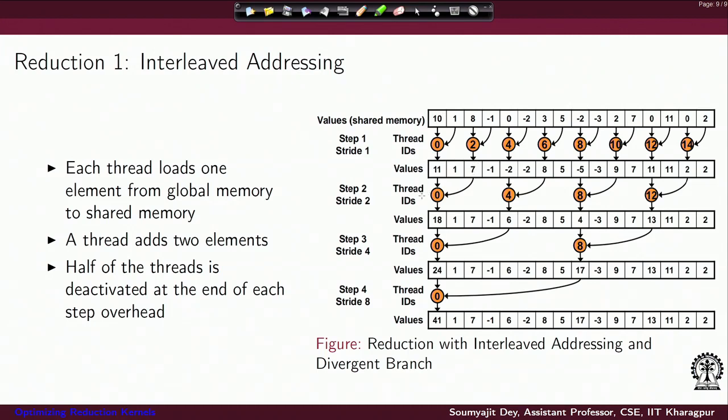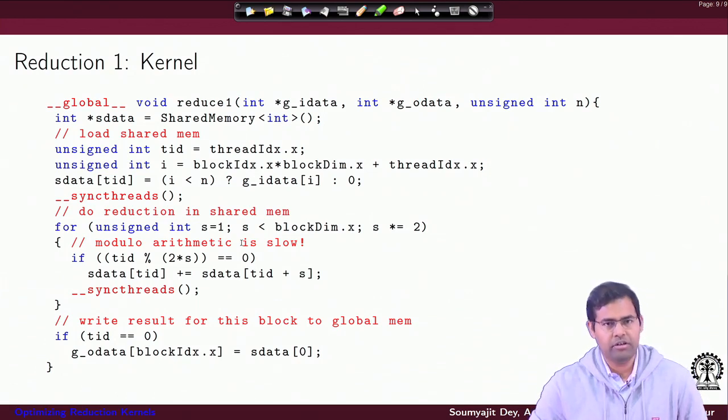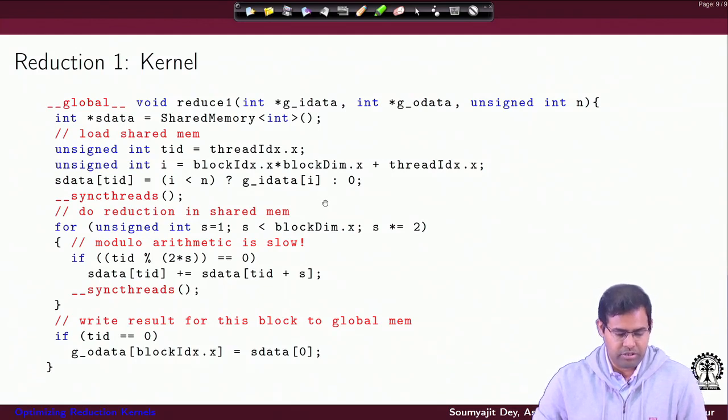So the thread will add its own location's value plus the data sitting at a stride of 2, and then a stride of 4, and then a stride of 8. In that way finally the 0th thread will compute the final sum, right? So this is the reduction kernel. Again I will repeat, we have seen it earlier, but here we have to repeat it because we need to understand the starting point and what its flaws are. So, first thing you do is you load the data into the shared memory.